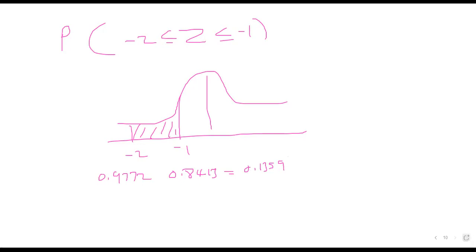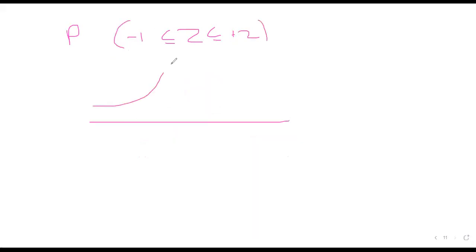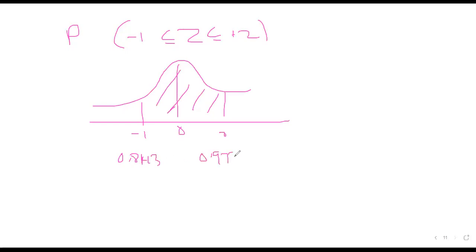It becomes different when we're looking at an interval between two values that are on different sides. So maybe you have -1 and you have +2. In this case, I'll teach you a new principle to apply. Our 0 is here, we have -1 there, and here we have +2 there. So this is 0.8413, and this is 0.9772.